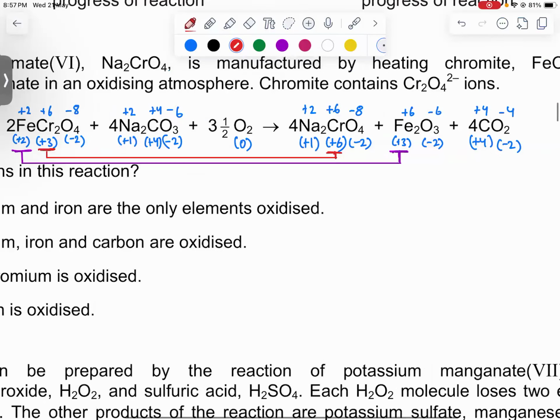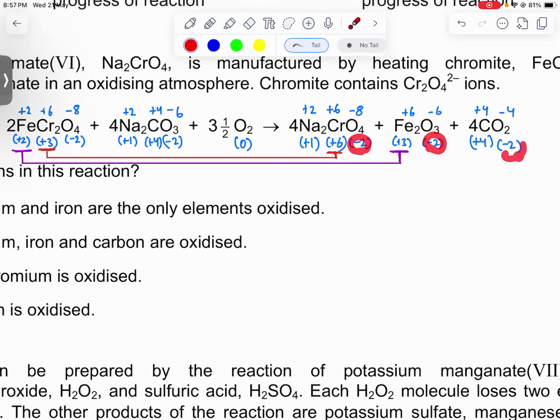And then this oxide is -2, this oxide is -2, this oxide is 0, so this oxide is -2. So we can see that the oxygen itself got reduced. Who got reduced? Oxygen. This is reduction.